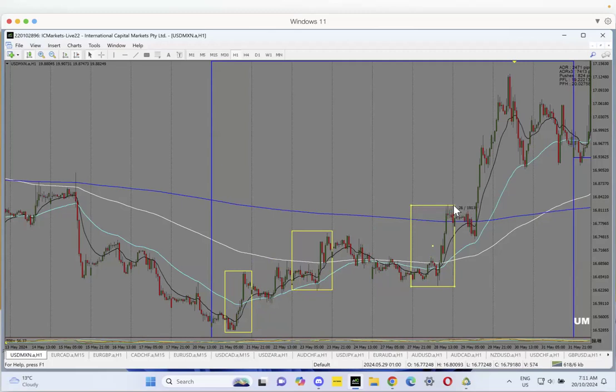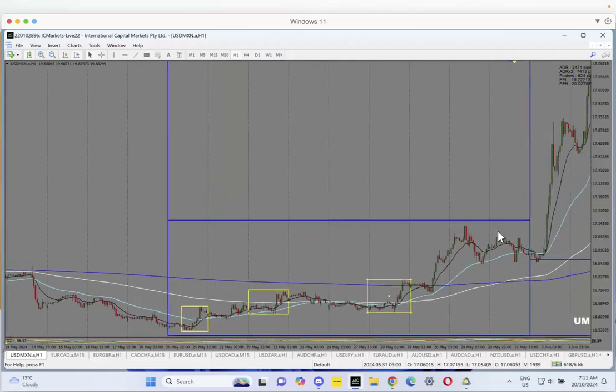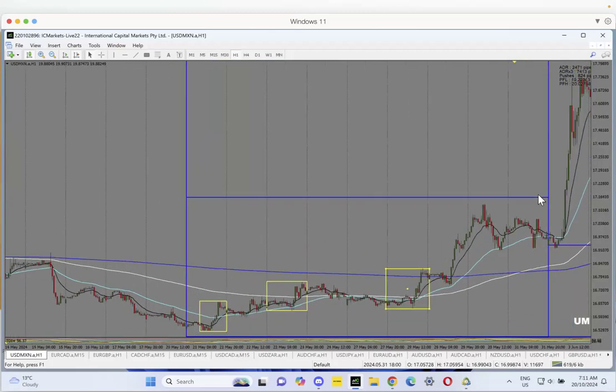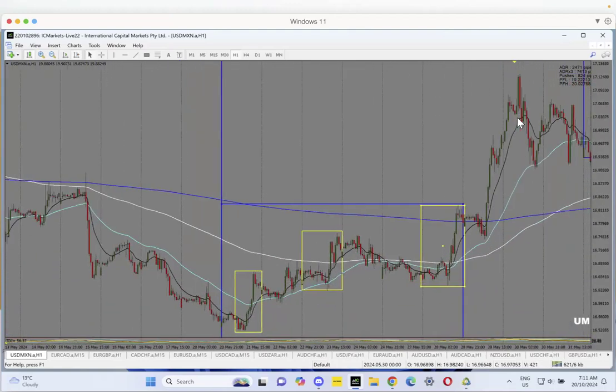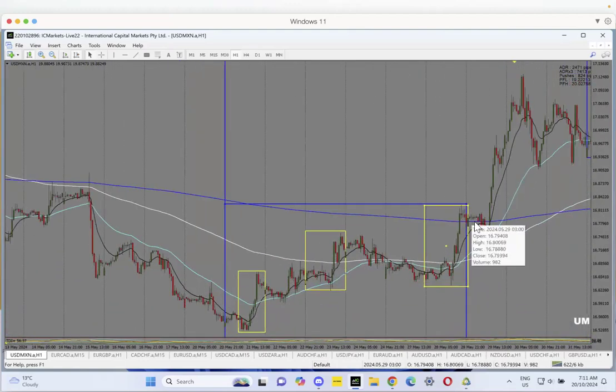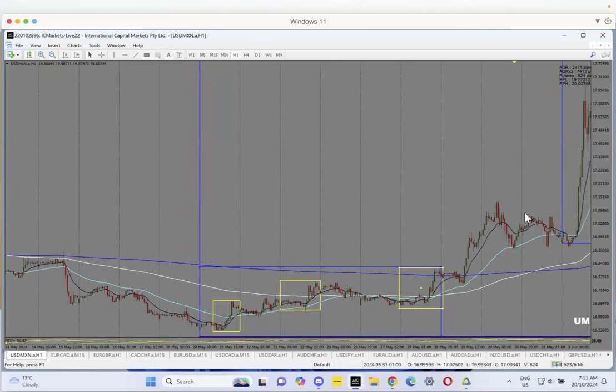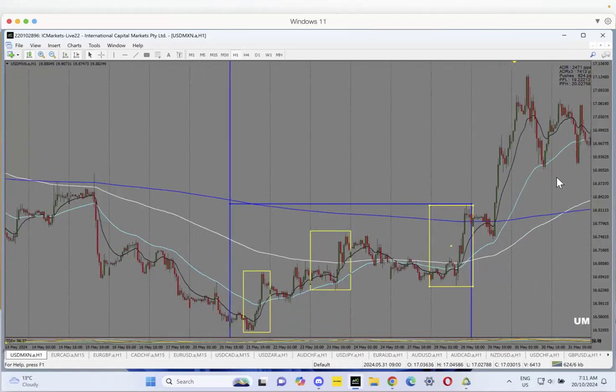If this is the case, I want to see my H4 stopping right here, because this is where I had 3 pushes to the upside. And then I want to see my price reverse into the 50 or the 200 EMA, which in this case it actually did.